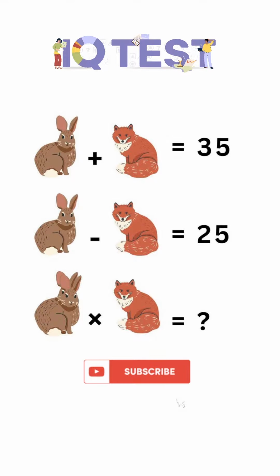So 2 multiplied by the rabbit, so 2xy will be equal to 2 multiplied by 30 for the rabbit, then multiplied by 5 for the fox, and that will be equal to 3,000. Okay, so that is our answer for this particular one.